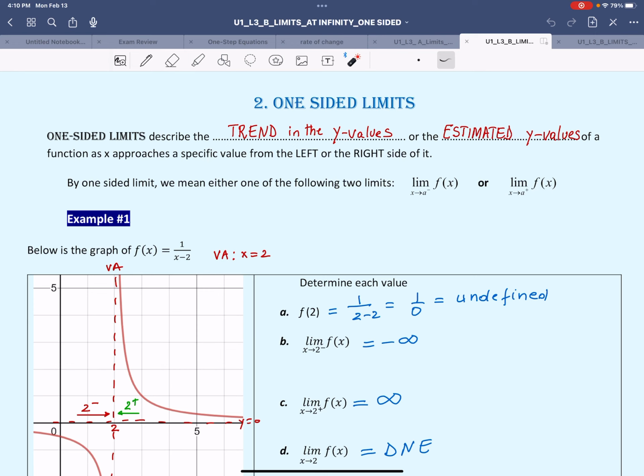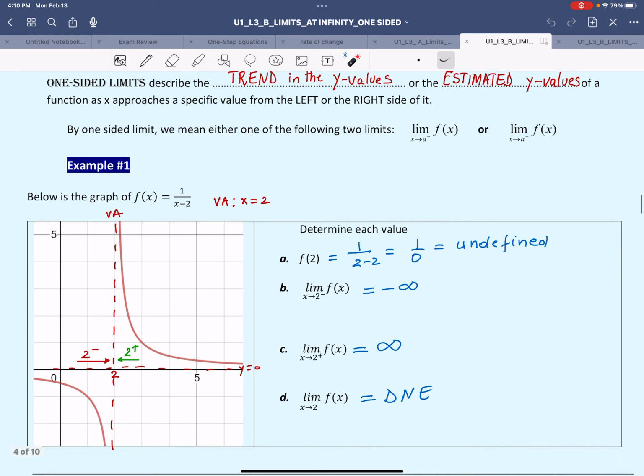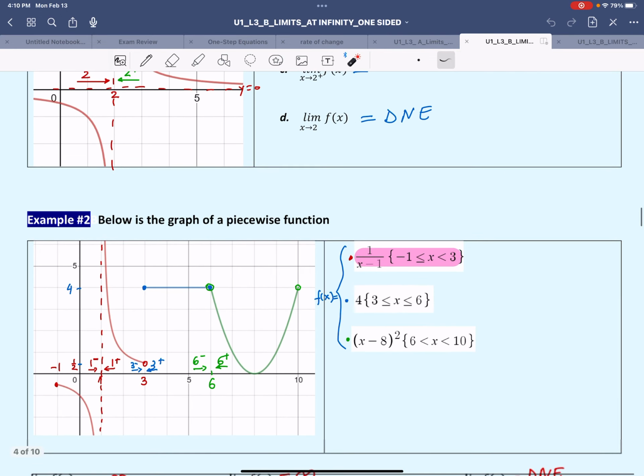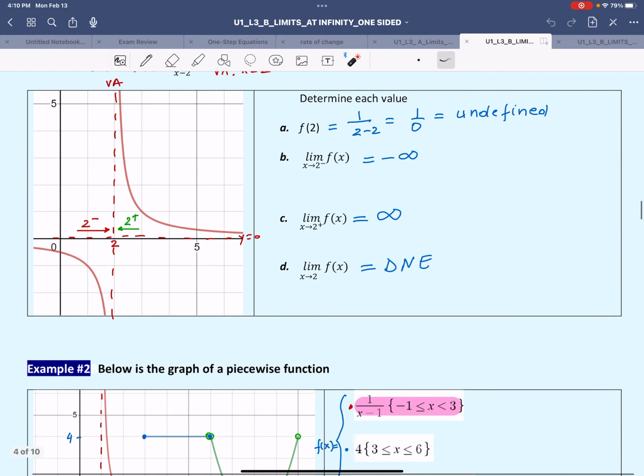So our first examples were about finding the one-sided limits in rational functions and piecewise functions, which are basically graphical representations of one-sided limits. So for example, when you want to find out the limit at x equals 2, you approach number 2 from the left side of it, or from the right side of it, and you determine what the limit is.